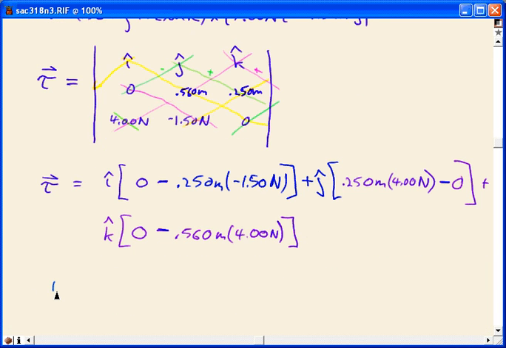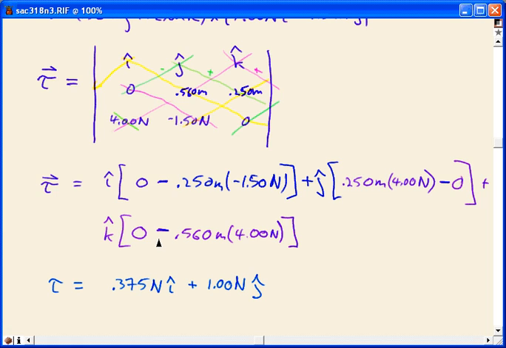Just simplify it and multiply those numbers out. We get minus minus, so we've got plus 0.375 times i, and then for the j term, that's just 1/4 of 4, which is 1 with a plus sign, 1.00 newtons times j.